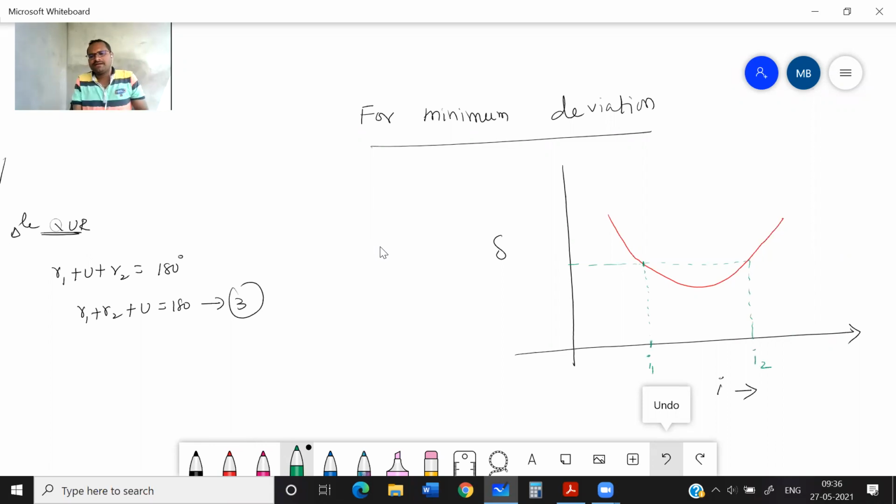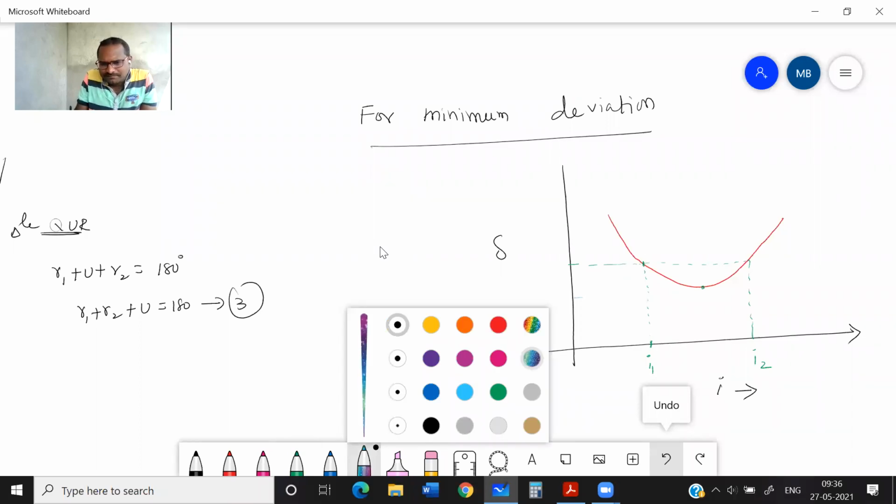Now from this data, we can analyze that as the angle of incidence is increasing, deviation produced in a light ray is decreasing. At one particular instant, the deviation produced becomes minimum.